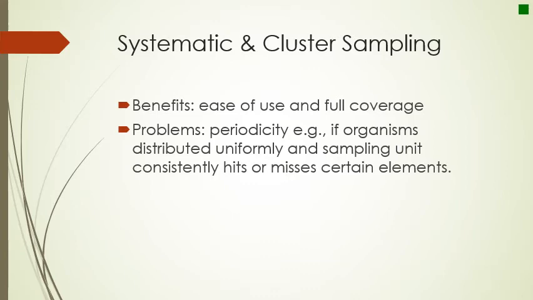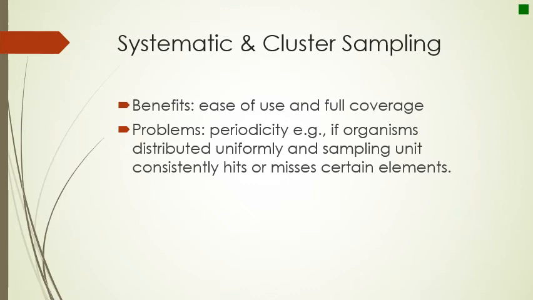So if you're sampling vegetation across this region, for instance, and you happen to use a 1 mile distance between your sampling points in order to have a nice systematic sample that's spread across your region, if your first point happens to fall on a road, then every one of your subsequent points is also going to fall on a road. And that, of course, may not be at all representative of your total population.